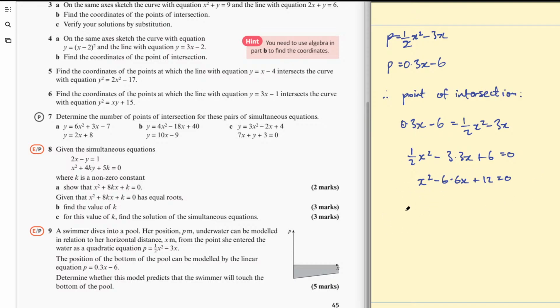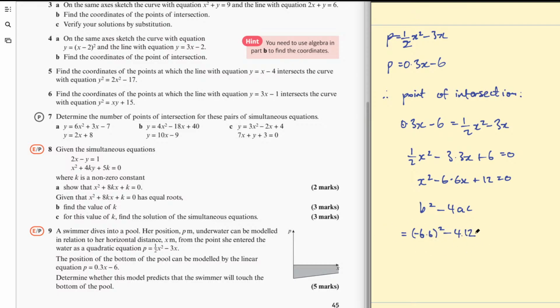And then remember, we can use the discriminant to determine how many points of intersection there are, if there are any. So the b squared take 4ac, let's find out what that equals. B squared is negative 6.6 squared take 4 multiplied by 1 multiplied by 12.